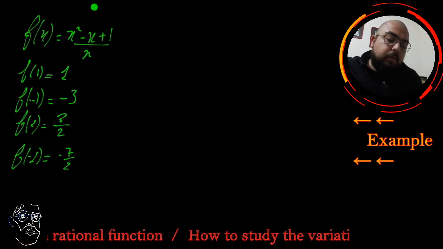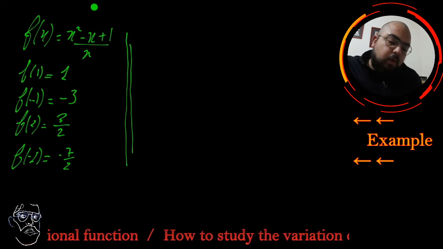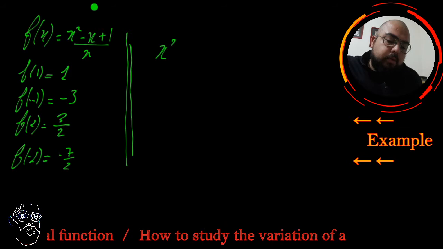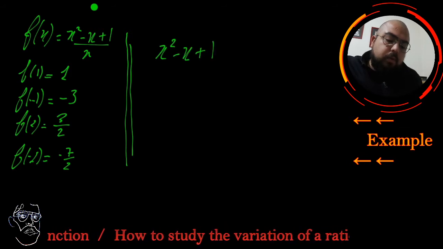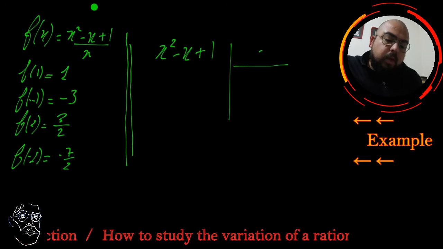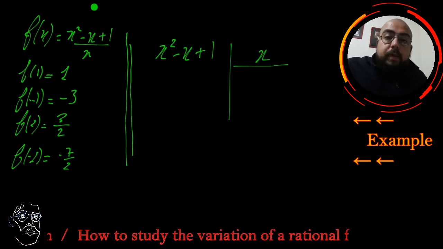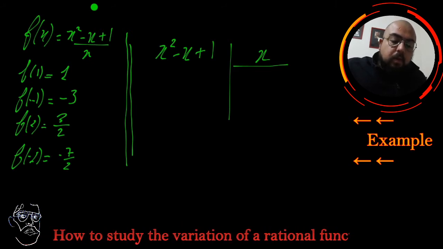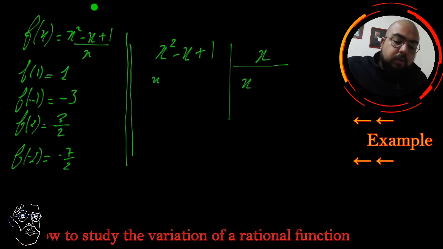So, in order to find the oblique asymptote, we will have to divide x squared minus x plus 1 by x. This is how I will be able to find the equation of the oblique asymptote. X times x, x squared.